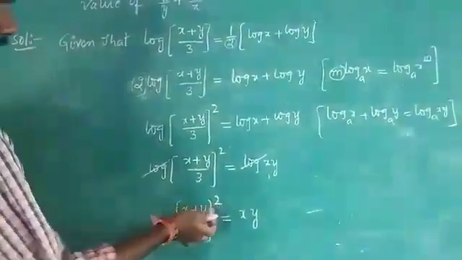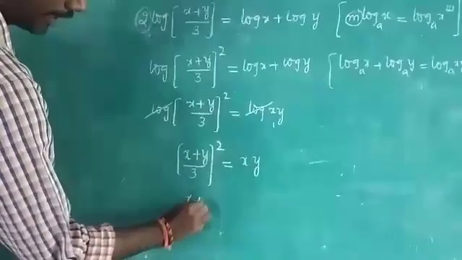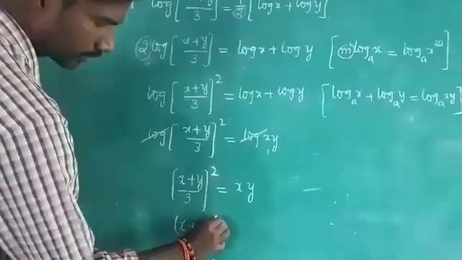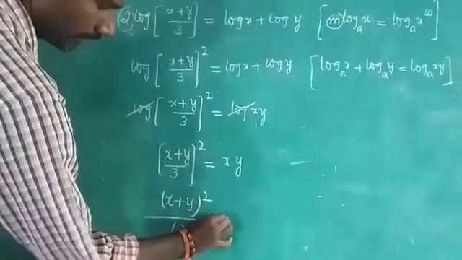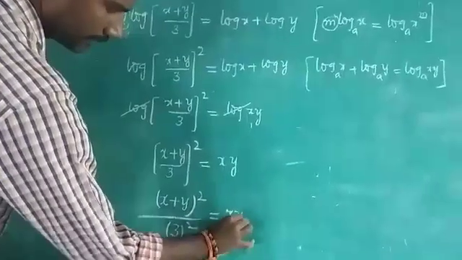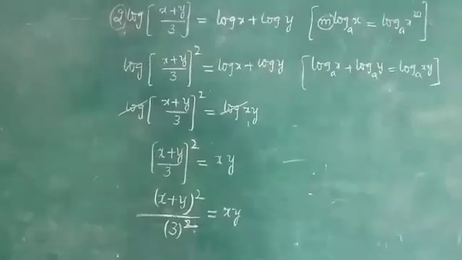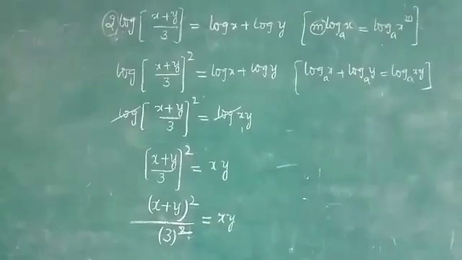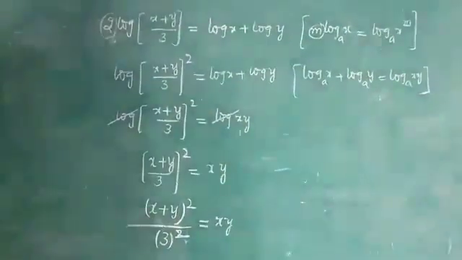See, the square I am applying for the numerator and denominator. So what can you write? (x plus y) whole square by 3 square is equal to xy. Right? So now we need to apply the (a plus b) whole square formula.